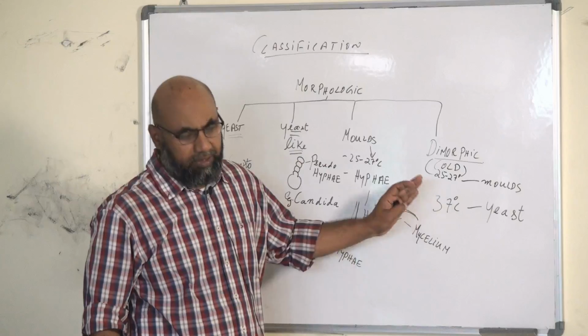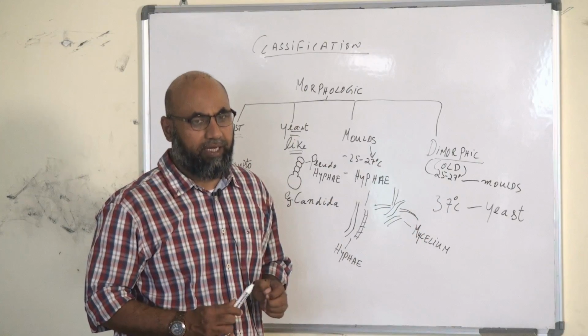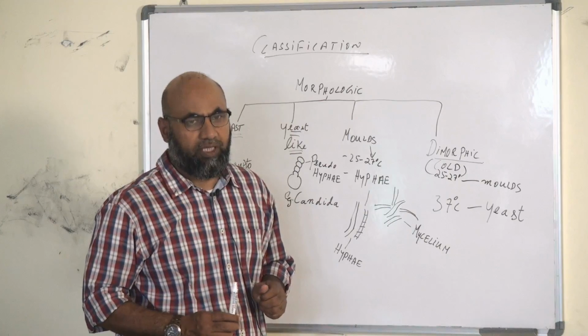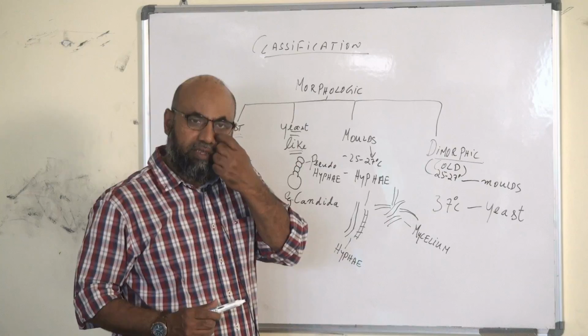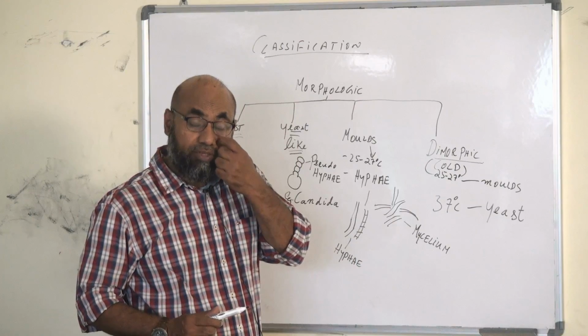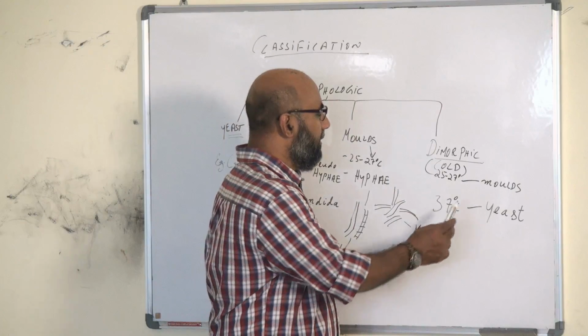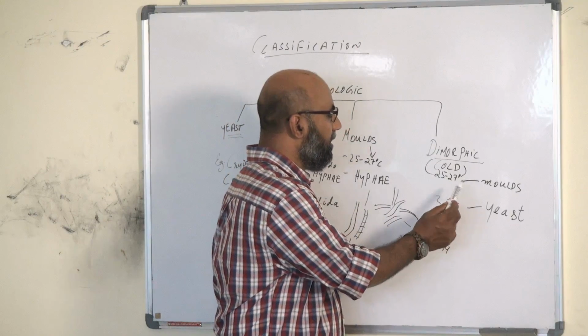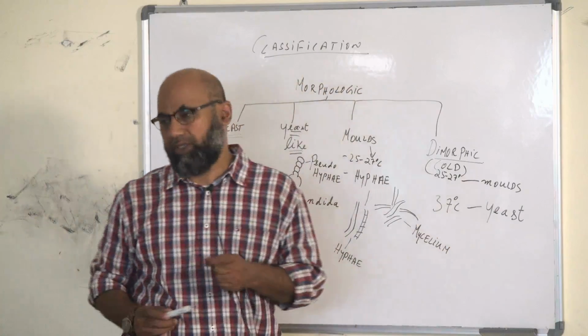Again, this question has also been asked in the exam, where they asked which of the following are features of fungi, or which is wrong about fungi, and one of the options said that the dimorphic fungi occur as yeast at a temperature of 25 to 27 degrees centigrade.